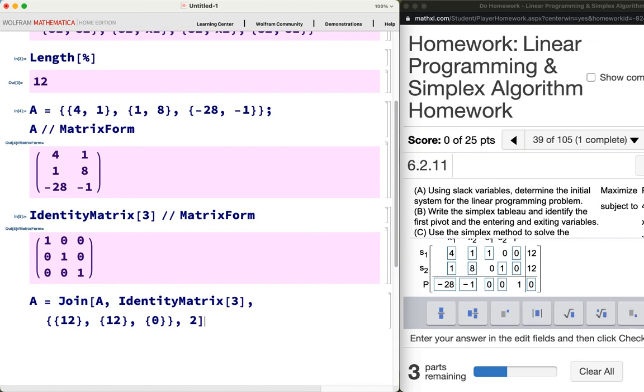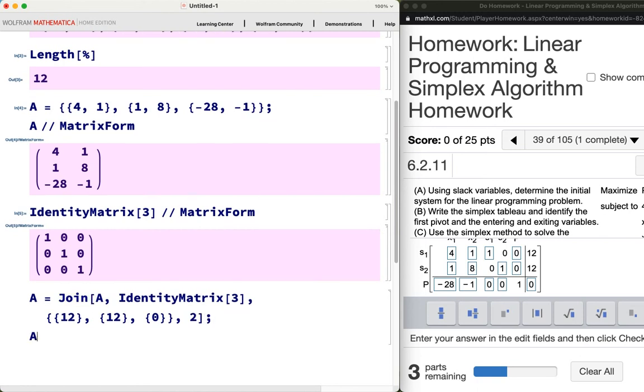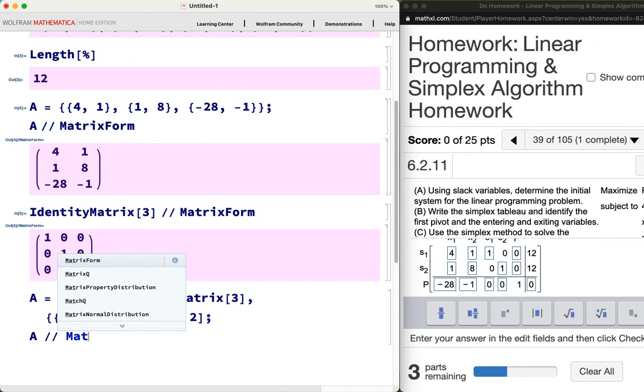And the reason I'm putting in the number 2 is because I'm not just joining lists, I'm joining matrices. A matrix in Mathematica is a list of lists. It's a list where each row of the matrix is represented as a list. So therefore you're dealing with nested lists, and that's why I need to use that number 2. So let's see what this looks like.